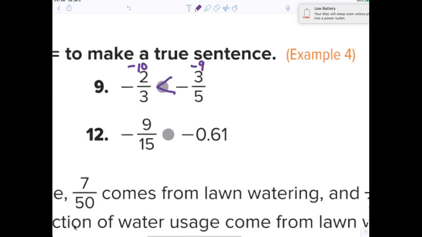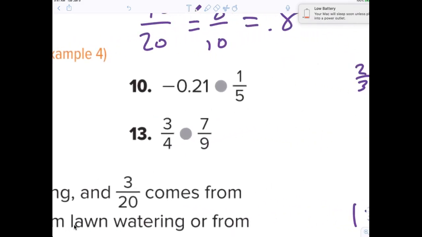All right, let's take a look at number 10. Ooh, now to me, this is the case where this one's just no work involved. Everybody should just say, obviously, negative 0.21 is less than 1/5, because 1/5 is automatically positive, and 1 is what? Negative. So the positive has to be greater than the negative. Is everybody happy with that explanation?